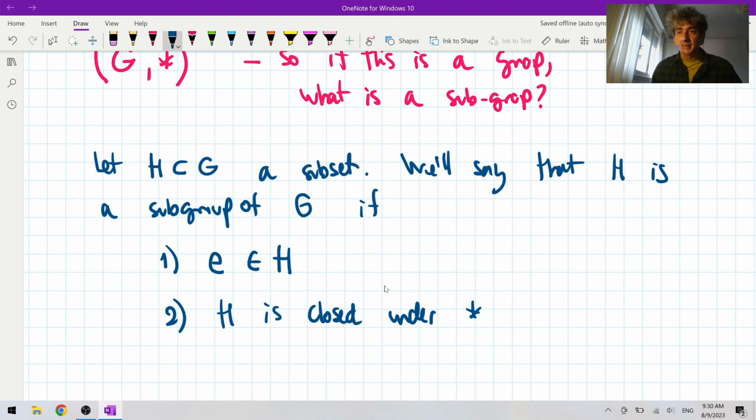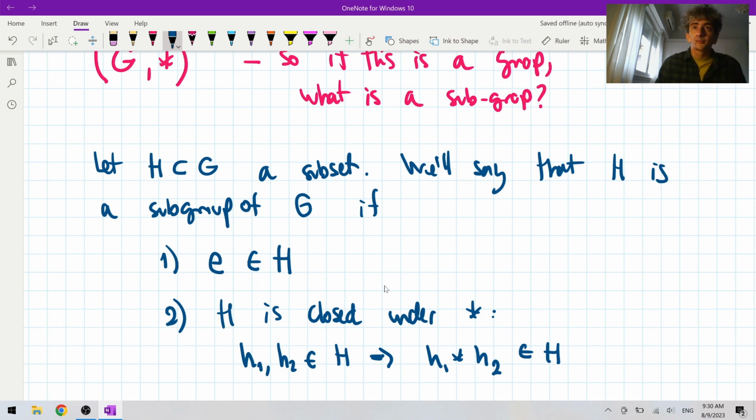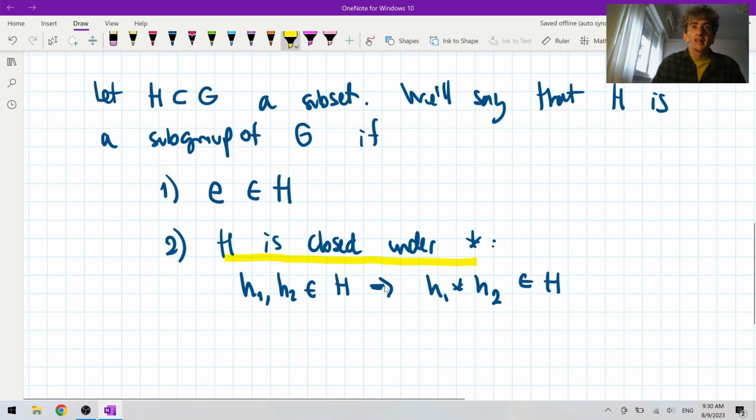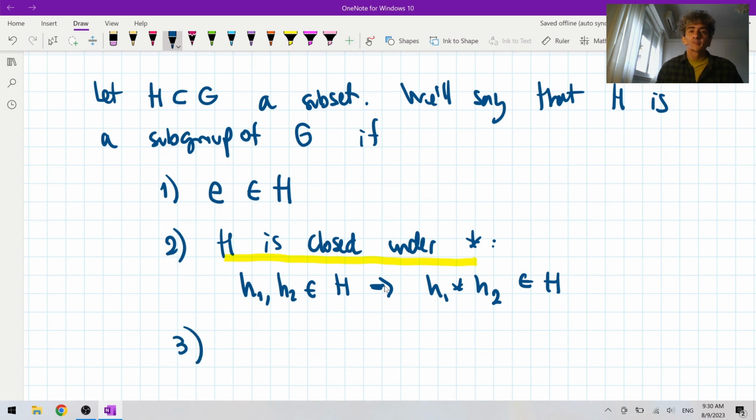This means that if h1 and h2 belong to H, then the combination of h1 and h2 should also belong to H. And thirdly, H is closed under taking inverses.